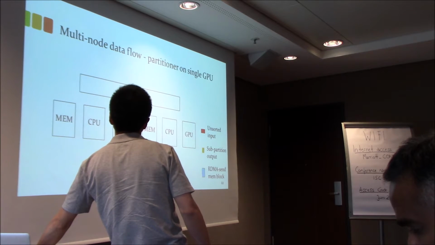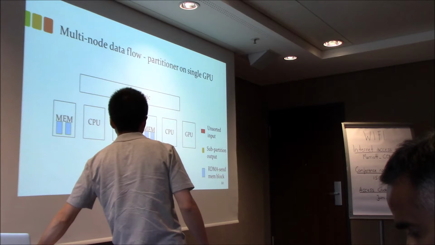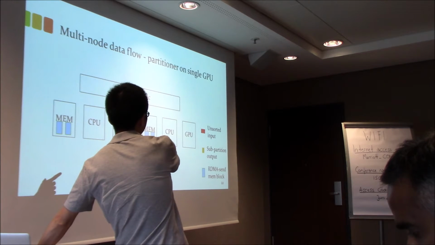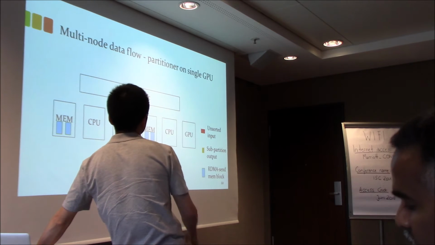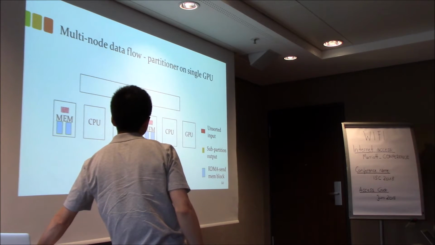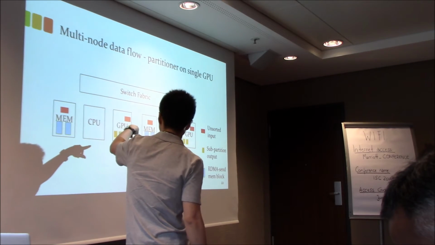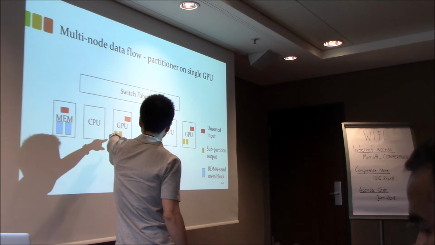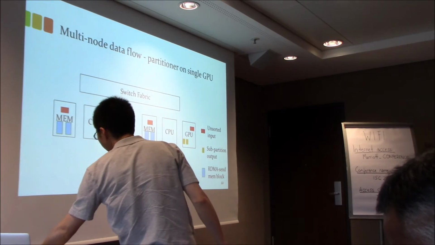This is the animation of the multi-node sort. First we allocate the RDMA send memory block in the DRAM, and then we have input data on DRAM, input data on GPU ready, and some output from the partitioner also ready here.